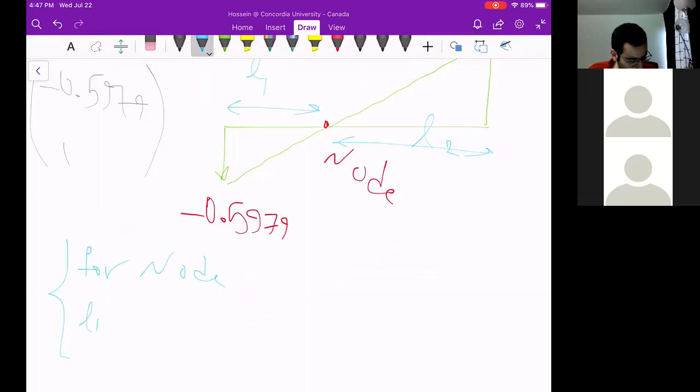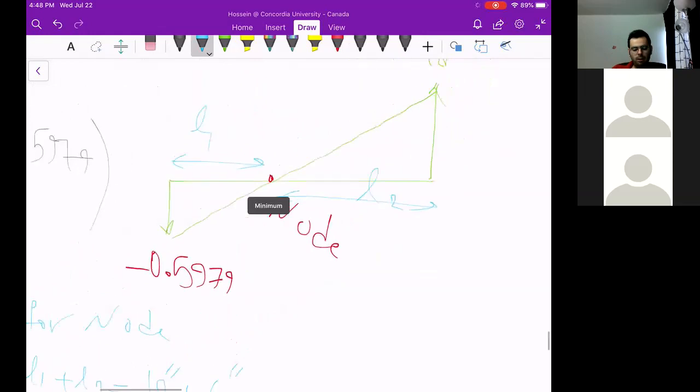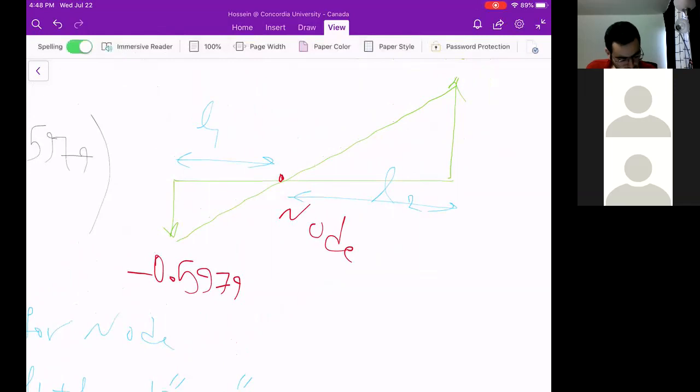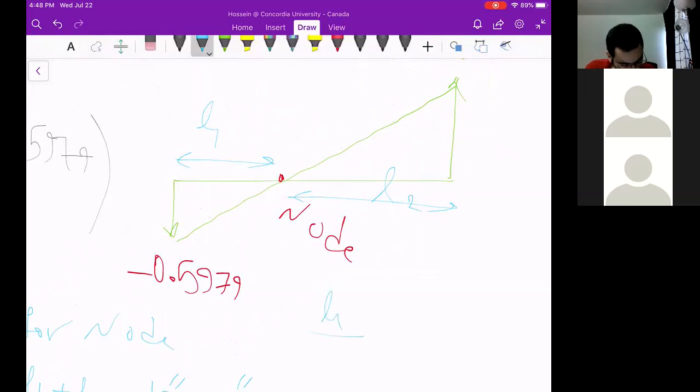We know that the summation of the two is the value given to us in the first place. So for identifying the node, we know the summation of the two, which is given to us as L1 plus L2 equals 16 inch. On the other hand, by taking advantage of trigonometric triangles, you could draw a conclusion that L1 over L2 is just the ratio 0.5979 over 1.